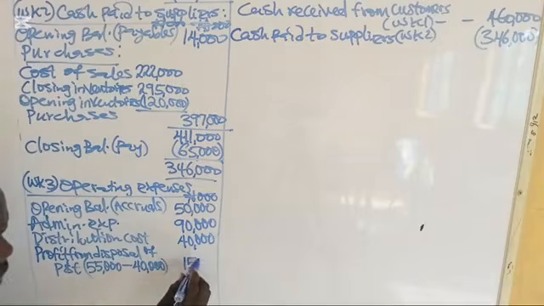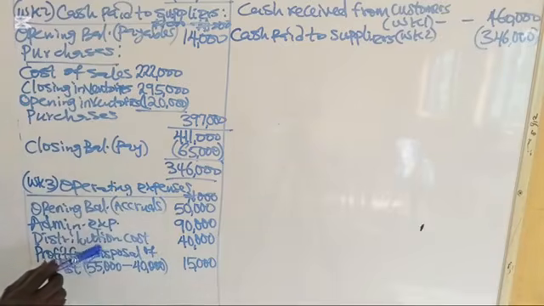Are we to add it or subtract? Add. Why adding? We are adding it because when you were preparing profit or loss, the distribution expenses had been reduced by that profit.